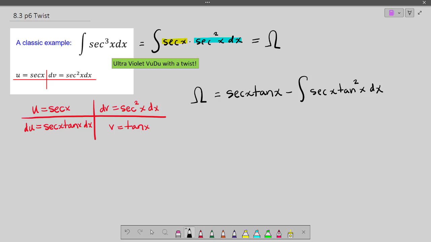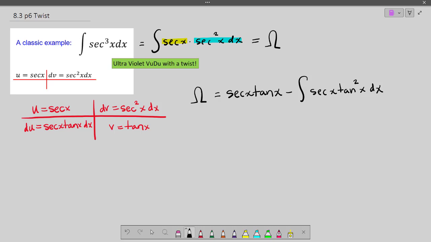So what I'm seeing here first is that we just did a whole bunch of things when we have products of secants and tangents. And the rules when we had products of secants and tangents were if secant was to an even power, we did something. And if tangent was to an odd power, we did something.